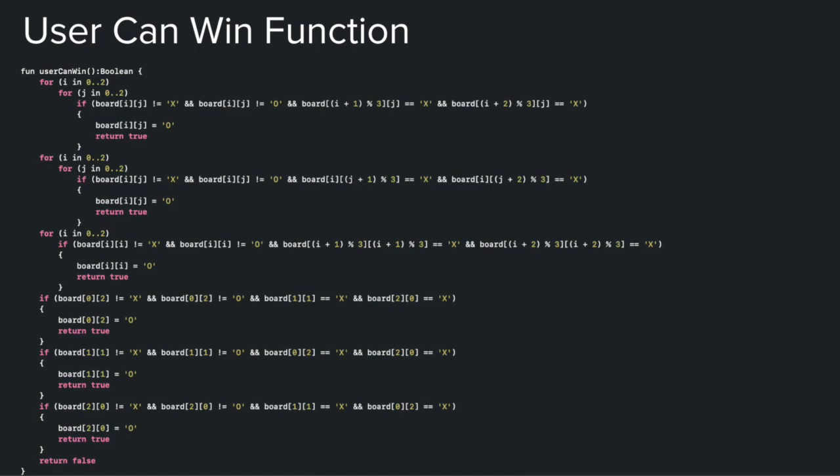So how does this work? It contains a few if statements and a few for loops that are responsible for looking for cases. What are these cases? These cases are lines, whether horizontal, diagonal, or vertical, that contain two X's and an empty cell. Whenever this case is found, an O is placed within the empty cell and the value true is returned.